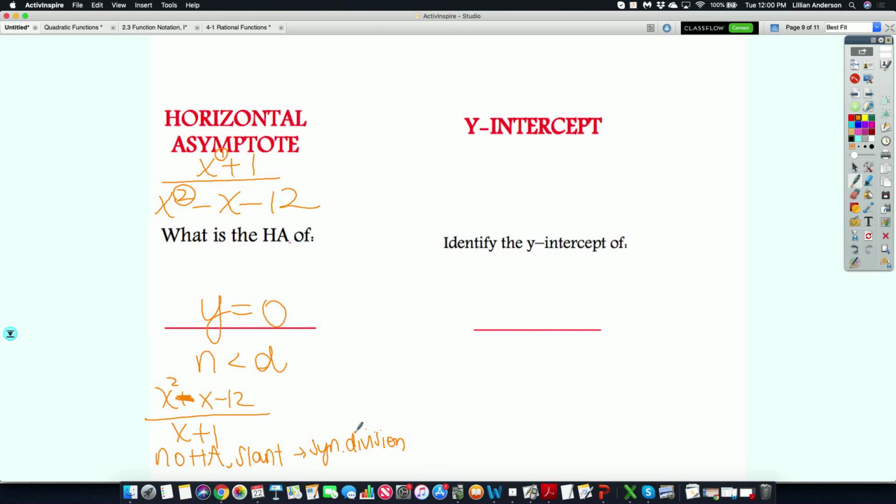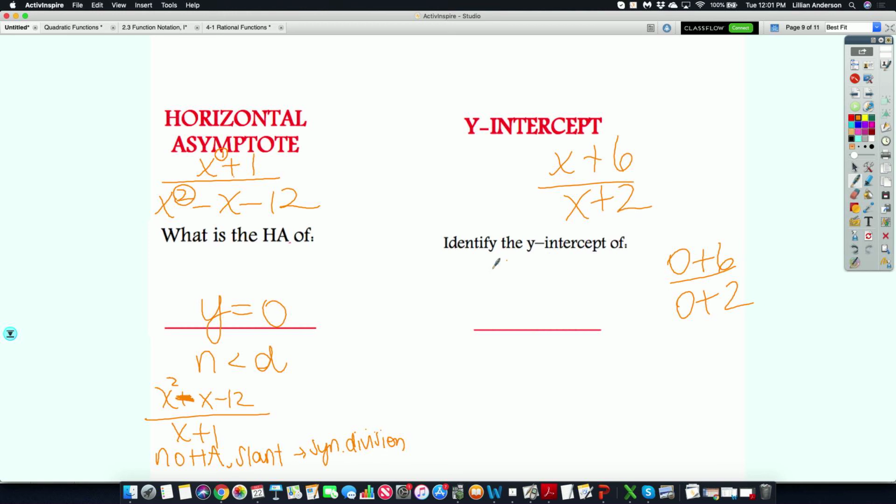Y-intercept. Let's find the y-intercept of one of the rational functions. How about this one? How do I find the y-intercept of this? So I plug 0 in for x. When I do that, I have (0 plus 6) over (0 plus 2). 6 over 2, which is 3.